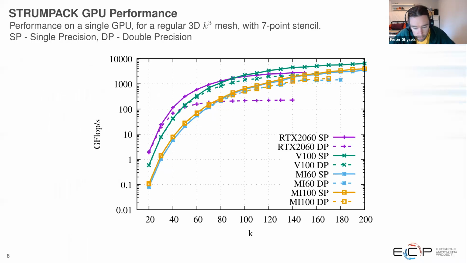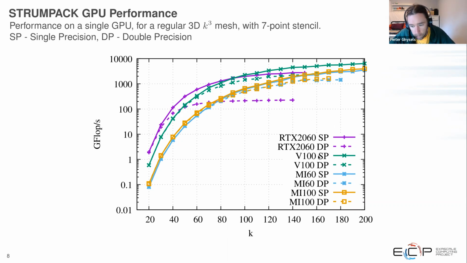So here's just a quick teaser for the GPU performance in STRUMPACK, where we solve a sparse linear system with a matrix coming from a discretization using finite elements on a 3D mesh with a simple 7-point stencil, and we scale the problem size from a 20 cube mesh to a 200 cube mesh and run this on a single GPU.